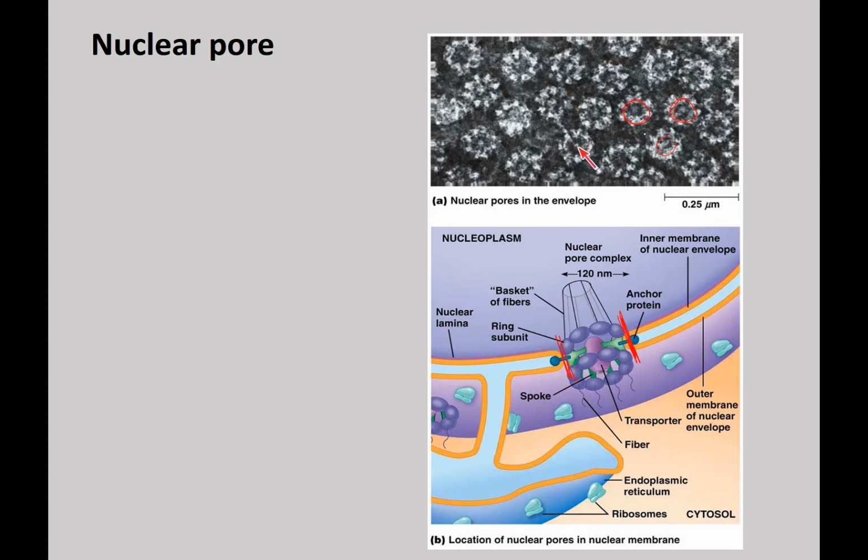Those are the pores. They're made up of these complexes of proteins, estimated at about 30 different proteins. And again, the nuclear pore controls what goes in and out of the nucleus.